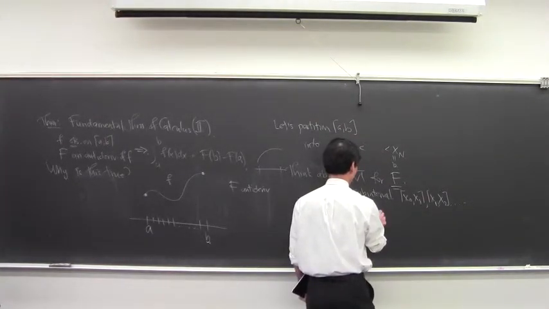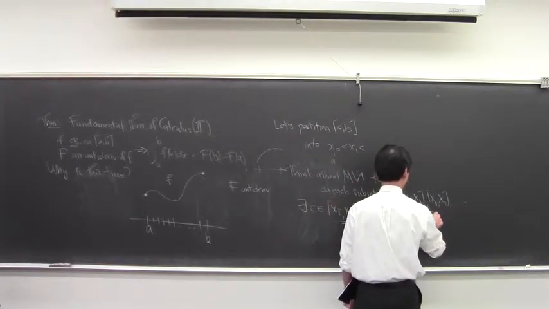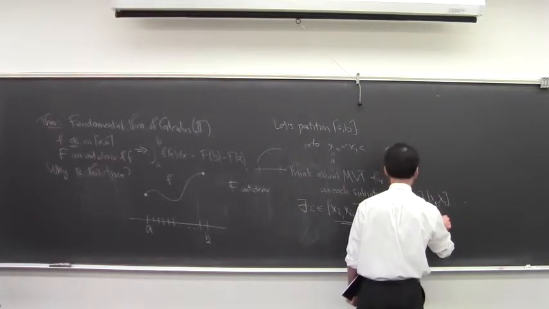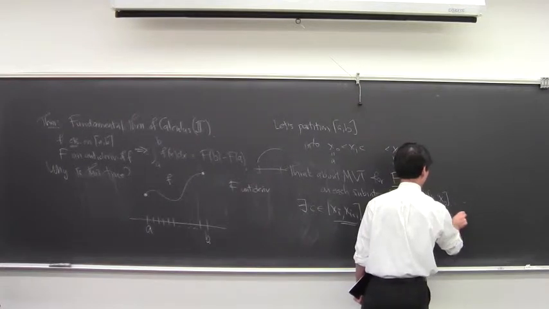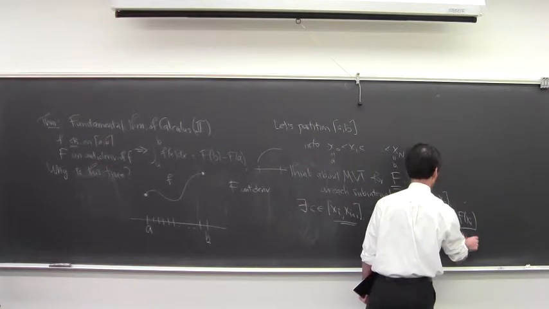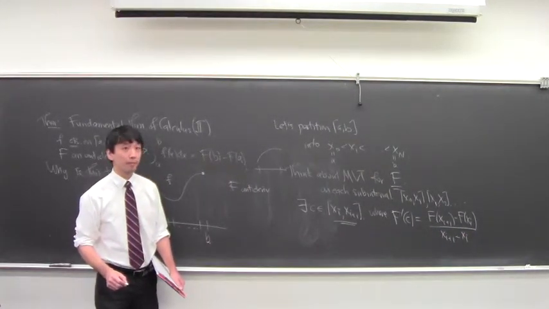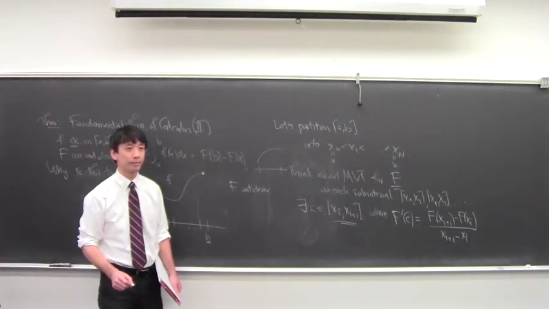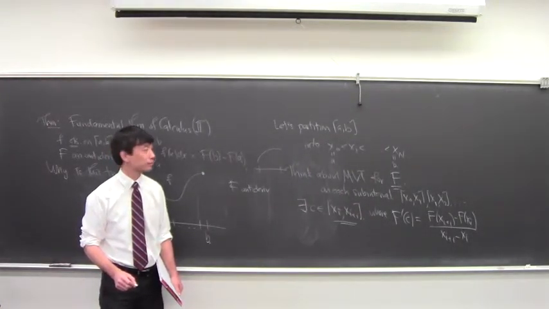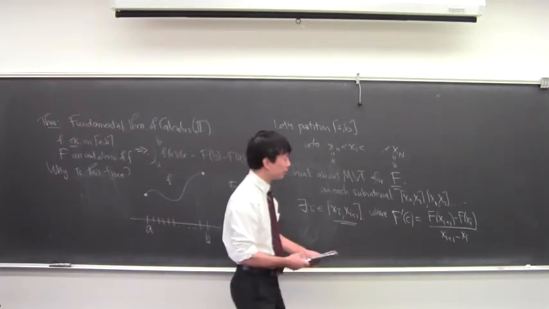There's a point where f'(c) equals (f(x_{i+1}) minus f(x_i)) over (x_{i+1} minus x_i). That's the mean value theorem, right?